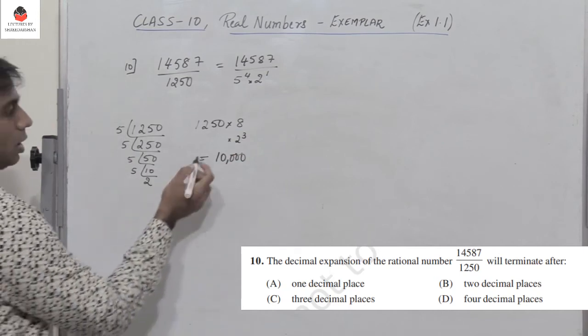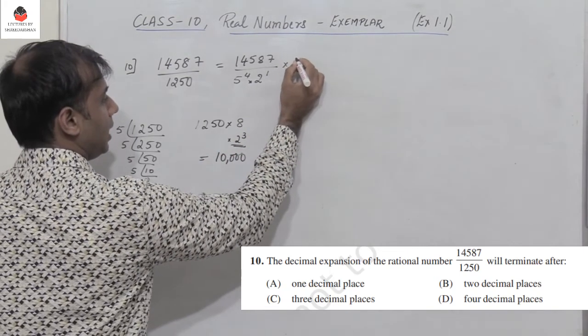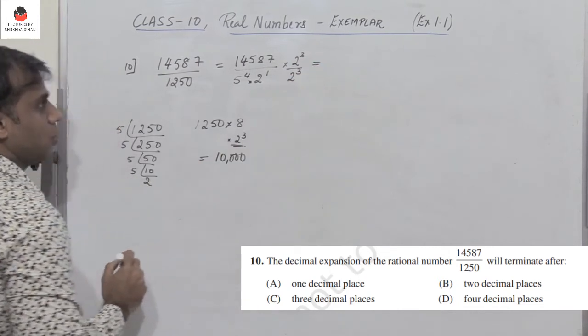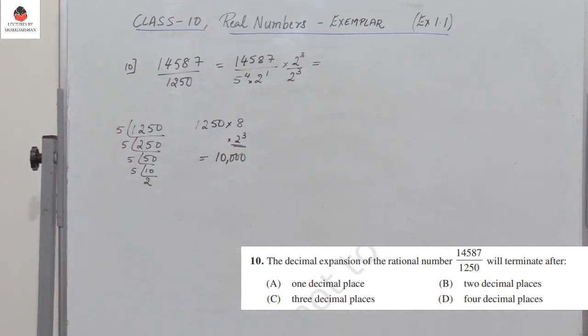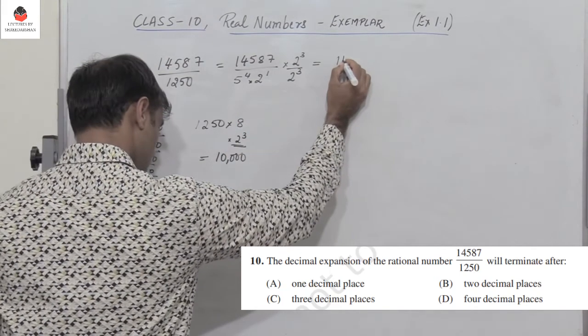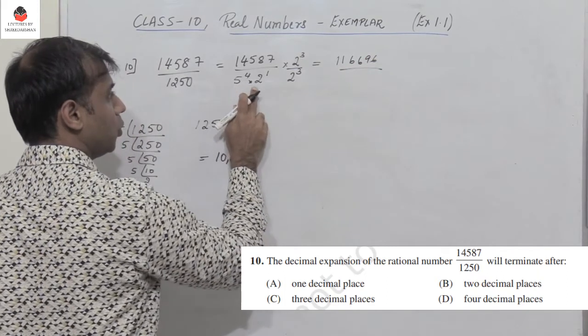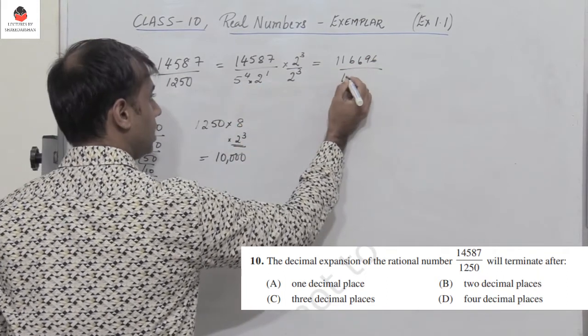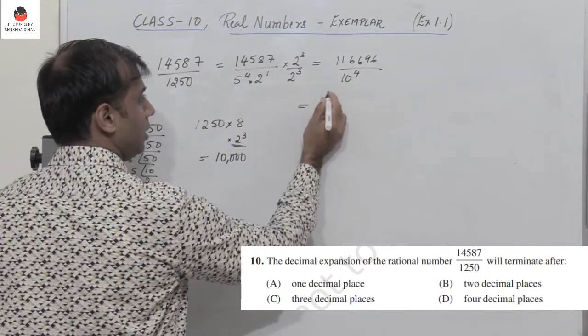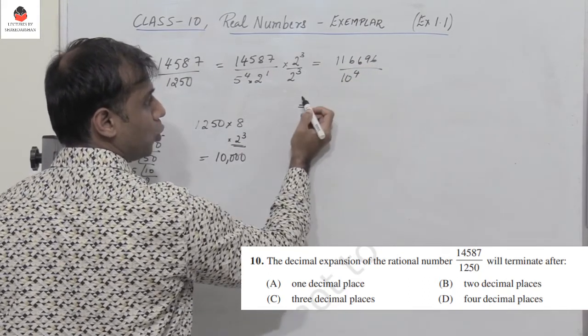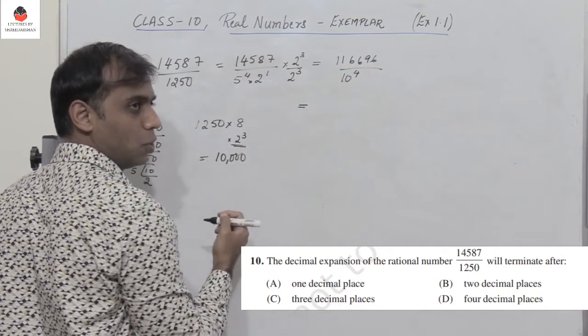So I will multiply and divide both the numbers by 2 cube. So 14587 into 2 cube will be 116696, and the denominator would be 5 power 4 into 2 power 4, that would give me 10 power 4. So if I divide this huge number by 10 power 4, I definitely will have 4 decimal places.